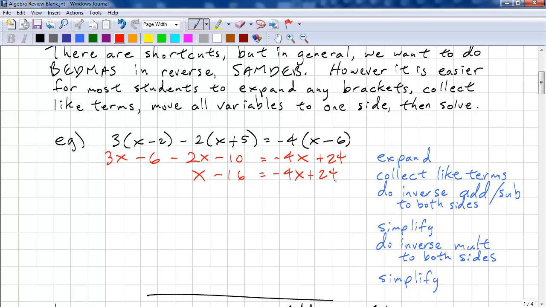Now we need to do the inverse, which means add and subtract to both sides. We want to move all the variables to the left. We want to move all the constants to the right. So we need to do plus 4x on both sides. And we need to do plus 16 on both sides.